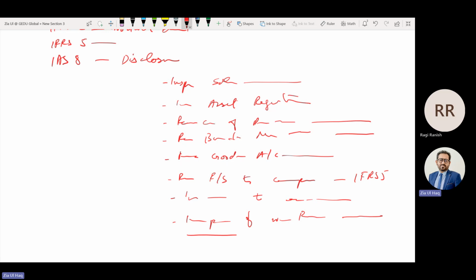What else? Cash you have received. So inspection of cash book and bank statement to verify receipt of disposal proceeds. At least 8 we must be able to write down.